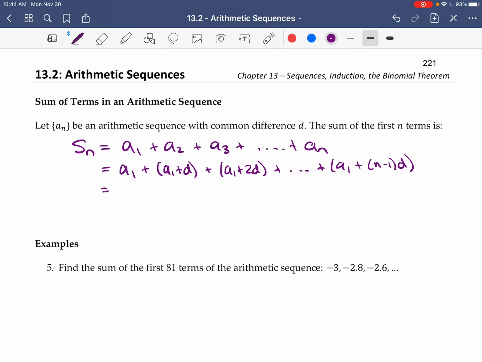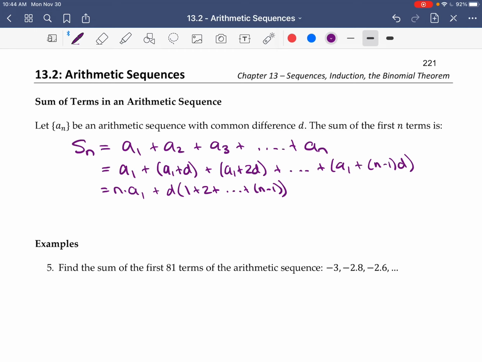Each of these terms has an A1, so there are n A1s. Then I'm going to have D, so if I factor out the D from the other terms, there's a 1 here, a 2 here, a 3 in the next term, up to n minus 1. So this is going to be D times (1 plus 2 all the way up until n minus 1).